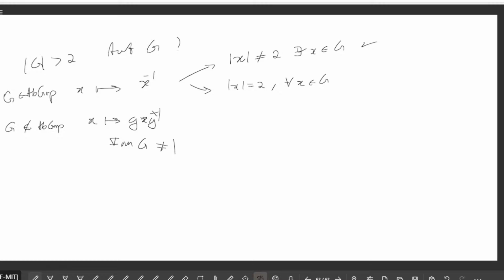I think the exceptions are already covered. Suppose the order of x is at most 2 for all x. Since every element is self-inverse, what can you say about G?